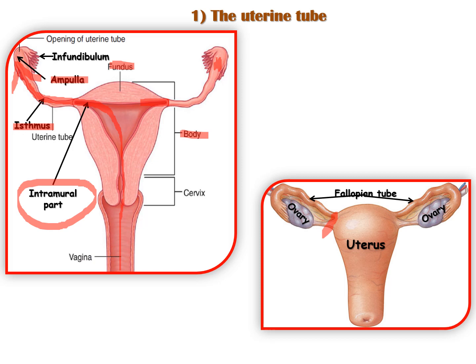So this point is very important, where the fallopian tube opens in the uterus. The fallopian tube opens in the uterus at the junction between fundus and the body of the uterus.